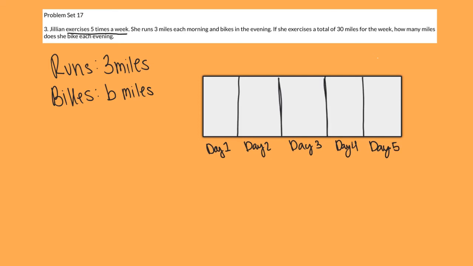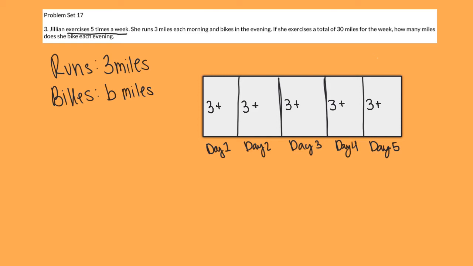Now, what we need to put in as our value in each of these boxes is how many miles she is exercising per day. So first of all, we know that she runs 3 miles every day. So let's go ahead and put 3 in each of our boxes, plus the amount of miles she bikes.